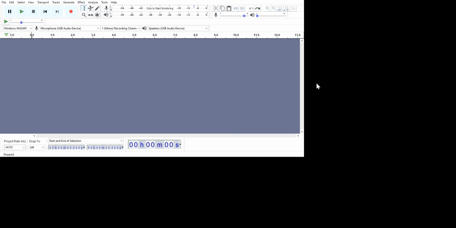OGG Vorbis uses very similar techniques, but keeps many of the contents that MP3 files discard while being even smaller in file size. Generally, for the same exact track, OGG Vorbis is half the size of an MP3 at the same bit rate.